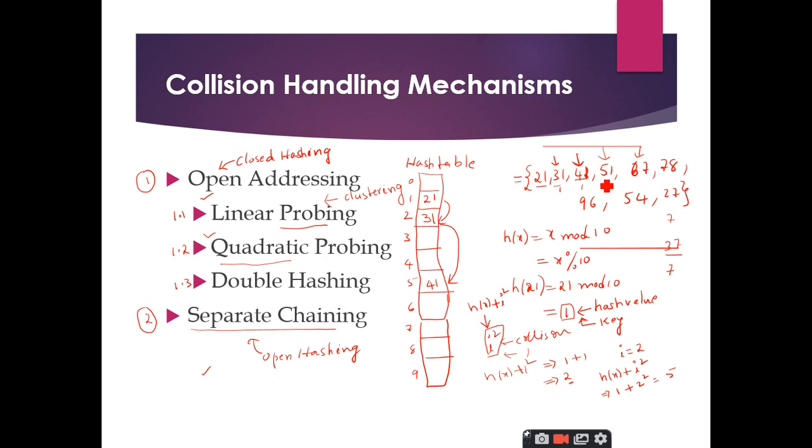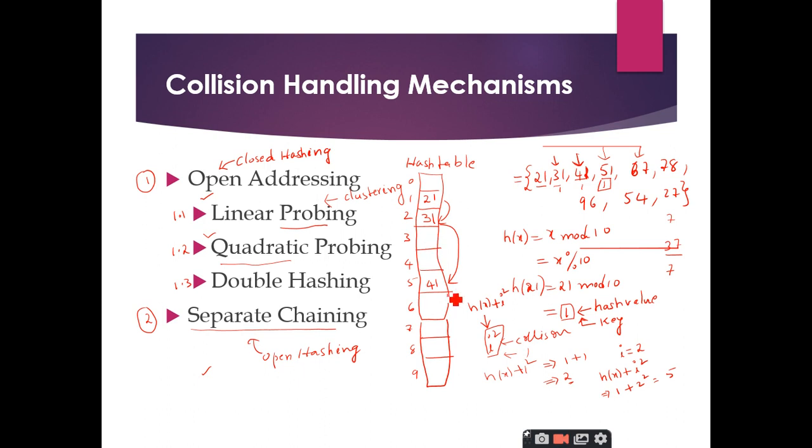Now coming to the next element, 51. The hash key is again 1. Go and search the first location; a collision has occurred. According to quadratic probing, h of x plus 1 square gives 2. I probed the second location, and it is also occupied. In the second collision, the i value is 2, and I calculate the hash key using h of x plus i square.